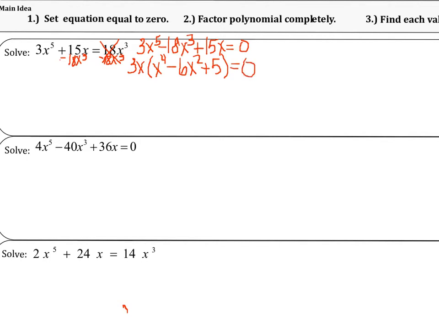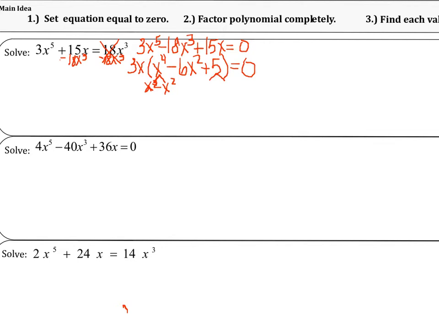Now we notice, if you look here, x to the fourth, the number in front of it, there really isn't an a there, so we can factor this pretty quick and easy. Even though it's x to the fourth and not x squared, we can still think, well, x to the fourth is x squared times x squared, and what can multiply to give us positive 5 that adds up to negative 6?